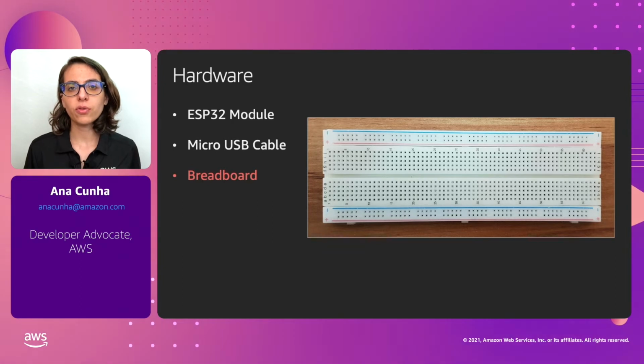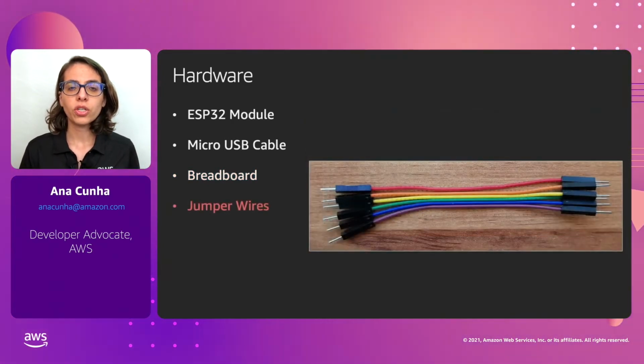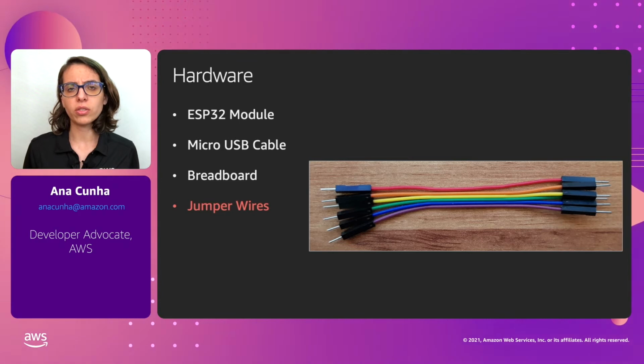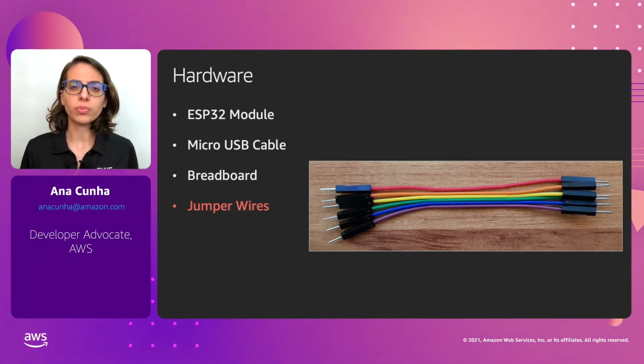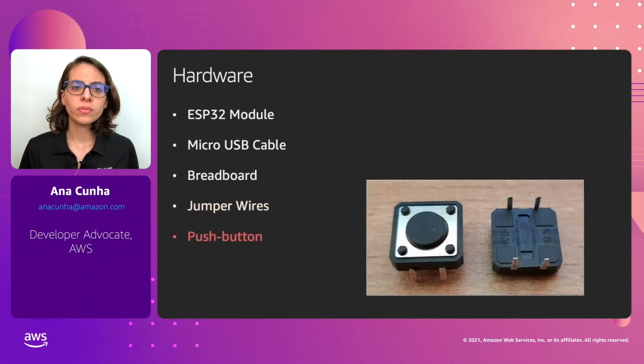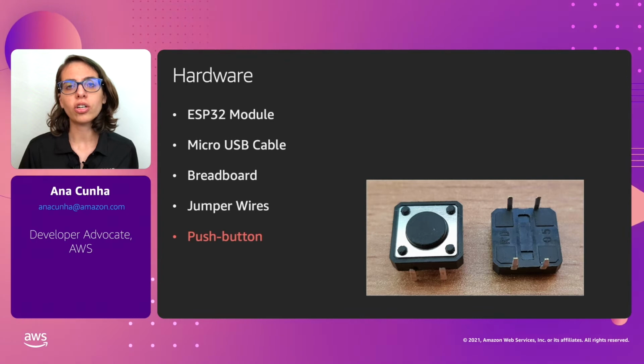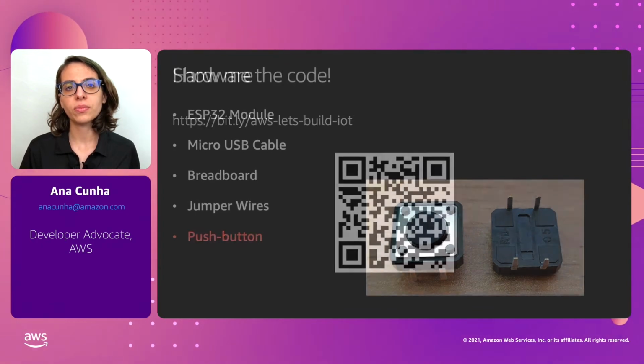This is a base for prototyping electronics. We're going to need some jumper wires. These are electrical wires with connector pins on both ends, and they are used to connect components on the breadboard. Finally, we'll use the push button to trigger our call waiter message.